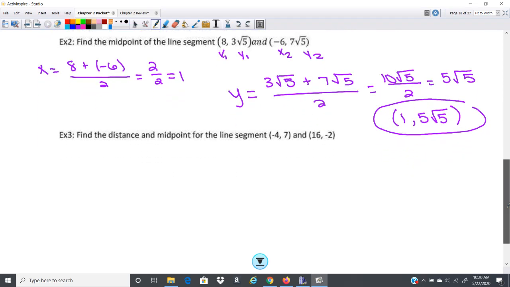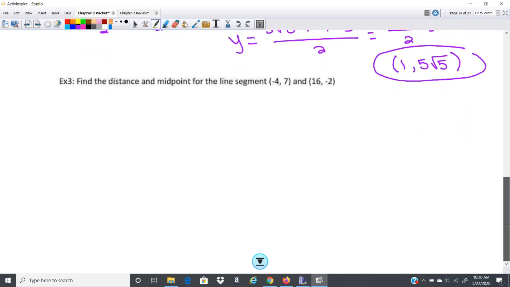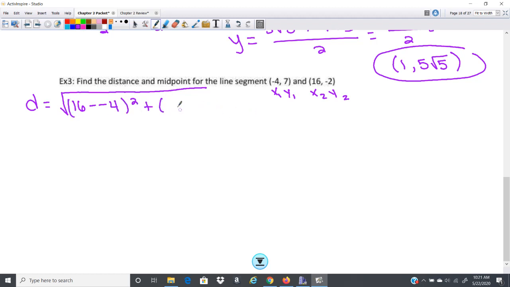So let's look at example 3. You're finding the distance and the midpoint for these 2 points. So you have x1, y1, x2, y2. Let's go distance. We're going to go x2 minus x1, so 16 minus negative 4, squared, plus y2 minus y1, negative 2 minus 7, squared.